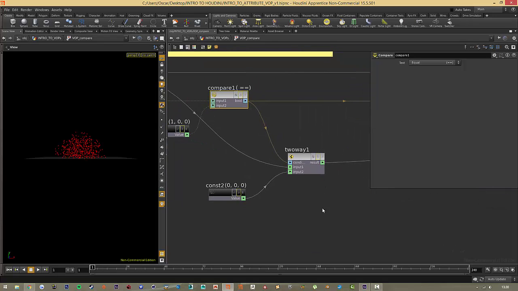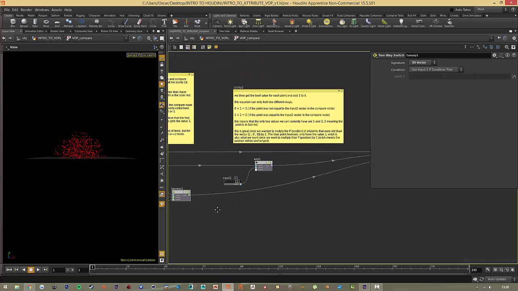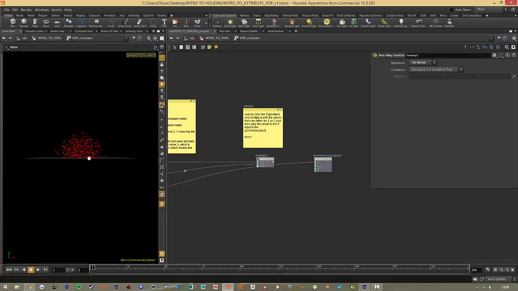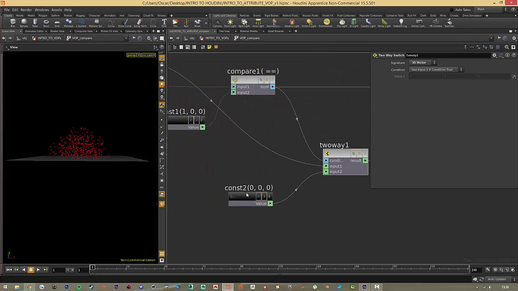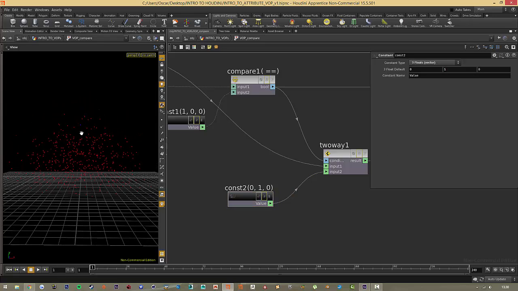Therefore, we switch to input 2 for those points, which is 0, 0, 0. And the result goes into the position. And as we see, the blue points are still there, but they are hardly visible since all of their values are 0, 0, 0. We can modify this to put it like this. And we can see that they are all now in this tiny little point here.